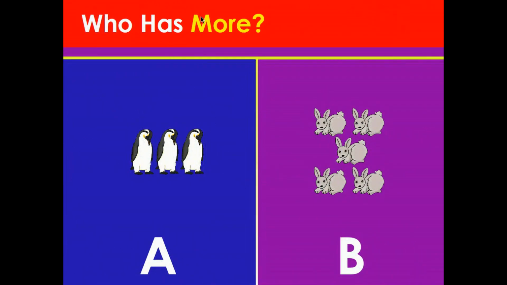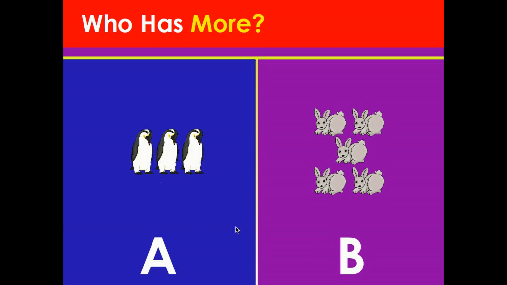Here, who has more? Say for example, here you have group A and group B. Let's say in group A we have three penguins, and here in group B you have five rabbits. So who has more, A or B?